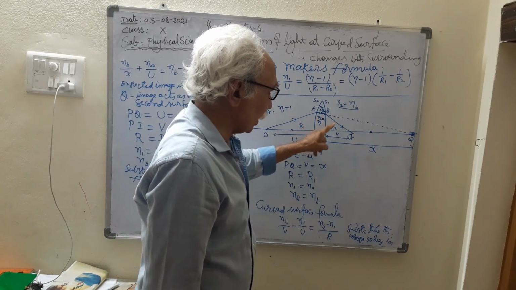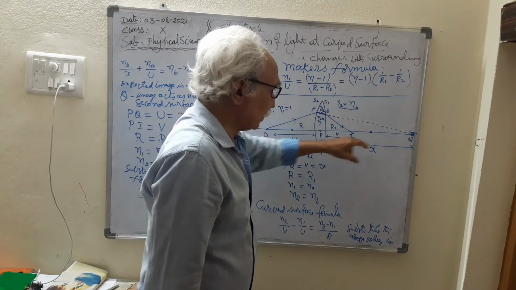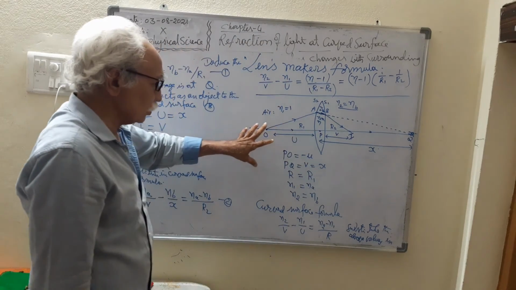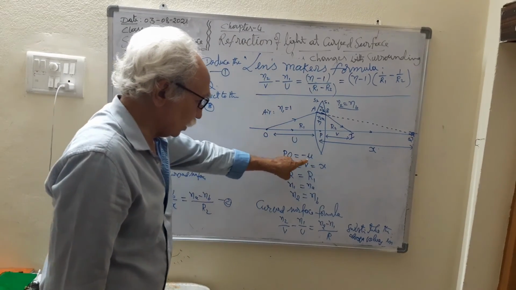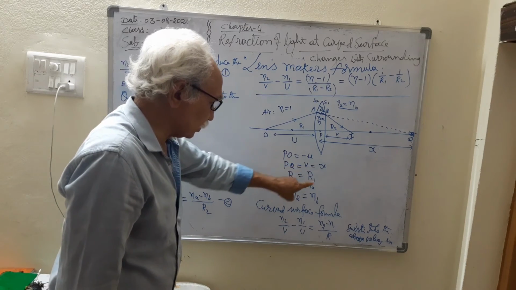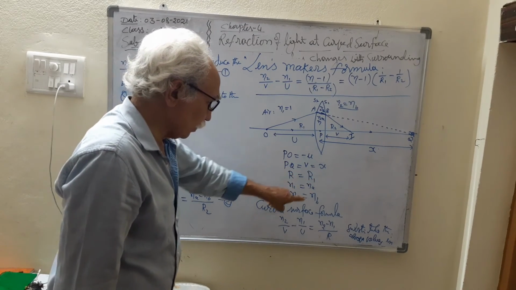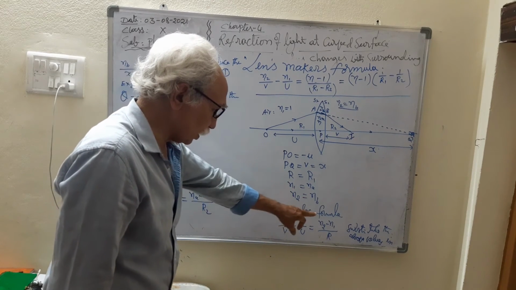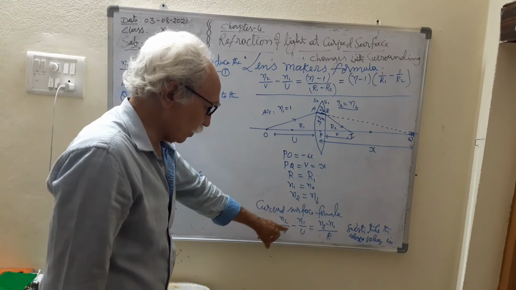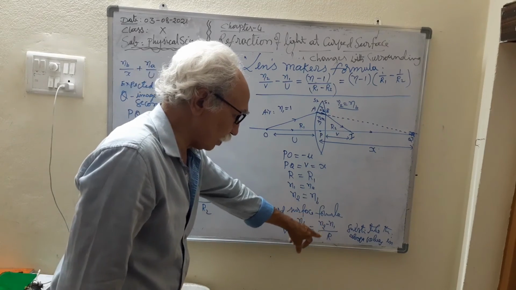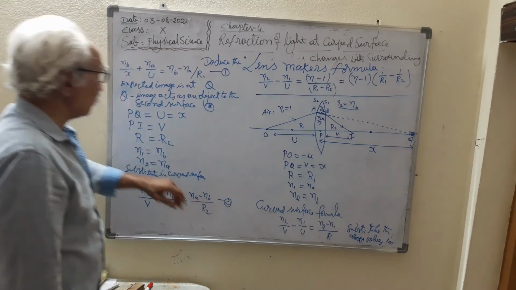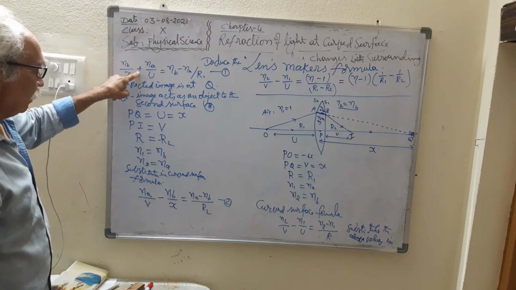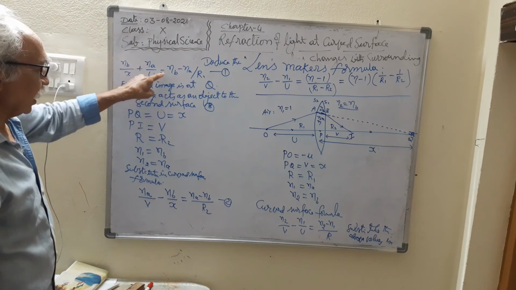The image expected due to the first surface is at Q, that is the image distance. Using these values, PO is minus U, PQ is V, which is X, R is equal to R1, N1 is NA, N2 is NB. Now by using the curved surface formula, N2 by V minus N1 by U is N2 minus N1 by R.